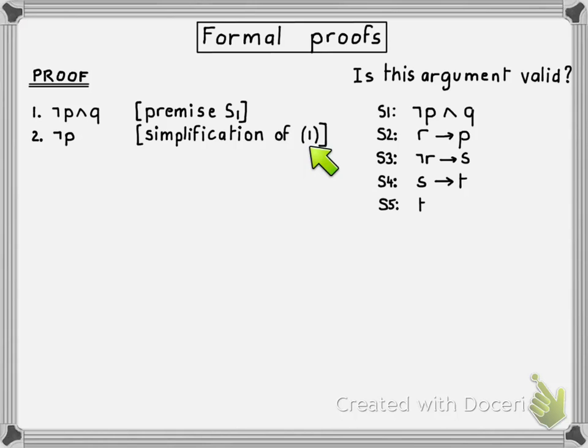And the premise is the proposition number 1, the first line in the proof. Remember that simplification starts from a conjunction and allows you to infer that the first operand of the conjunction is also true. So not P must be true since not P and Q is true.